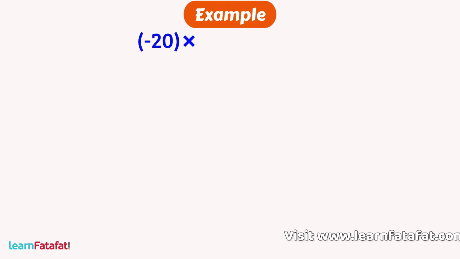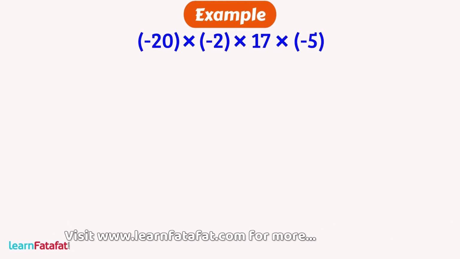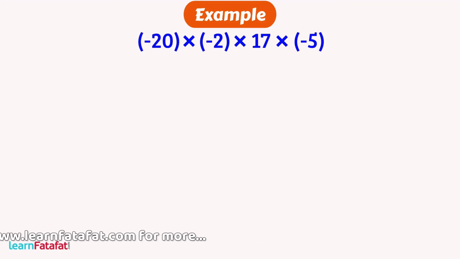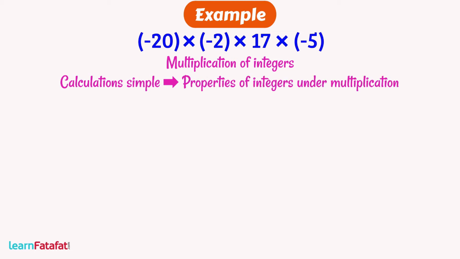Example, find the product minus 20 into minus 2 into 17 into minus 5. Since the problem consists of positive as well as negative numbers, this example is about multiplication of integers. We can carry out multiplication of two integers at a time, but to make calculations simple, we use properties of integers under multiplication.